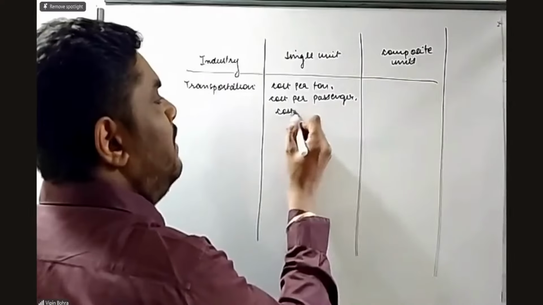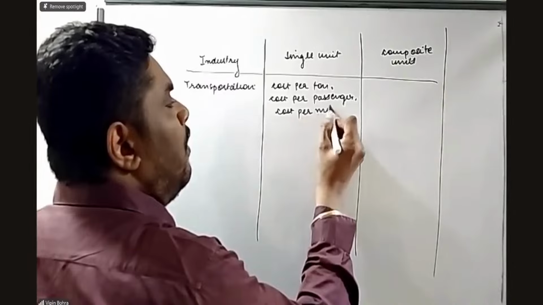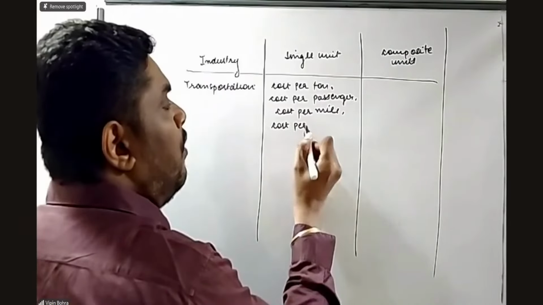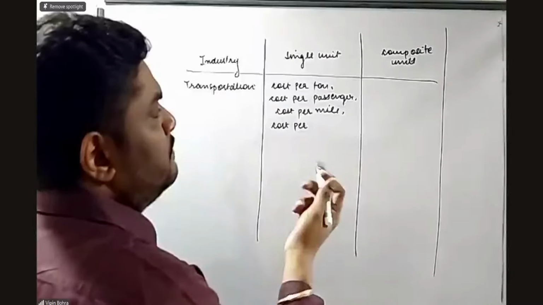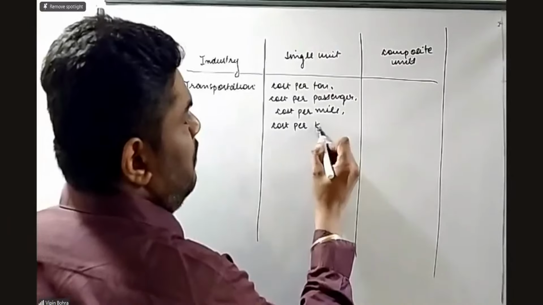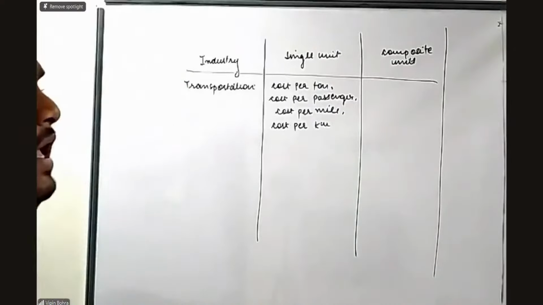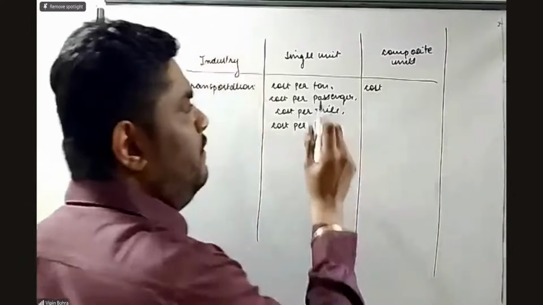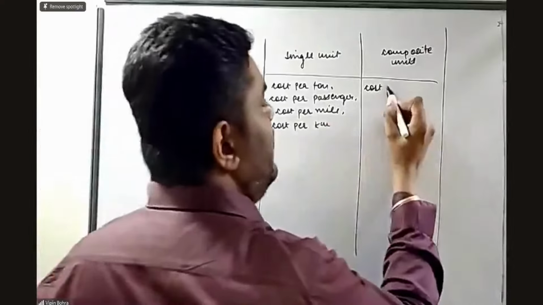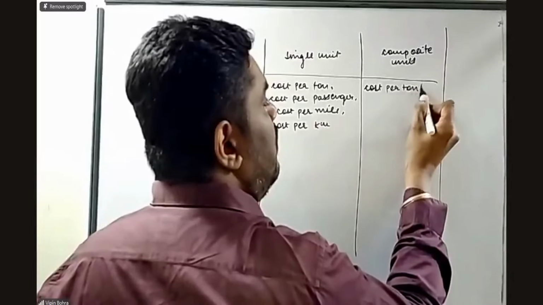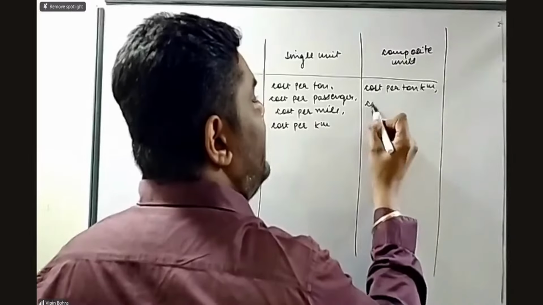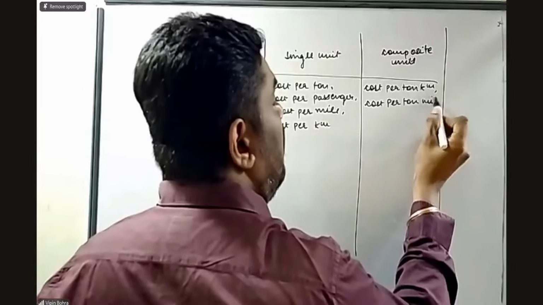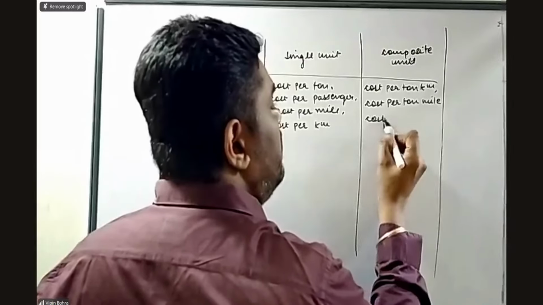Cost per mile. If it is a composite unit, it can be cost per ton kilometer. Two elements are involved, ton and kilometer. Or we can say cost per ton mile.